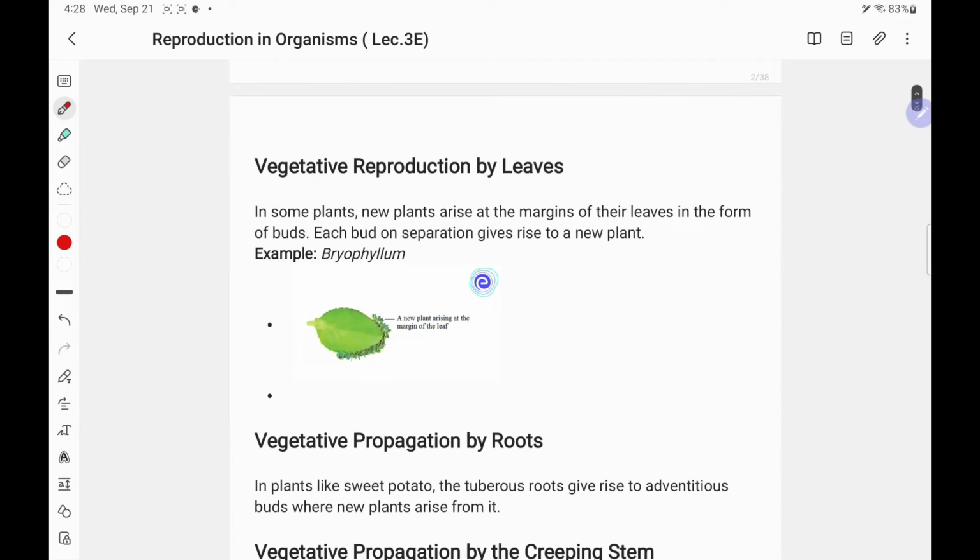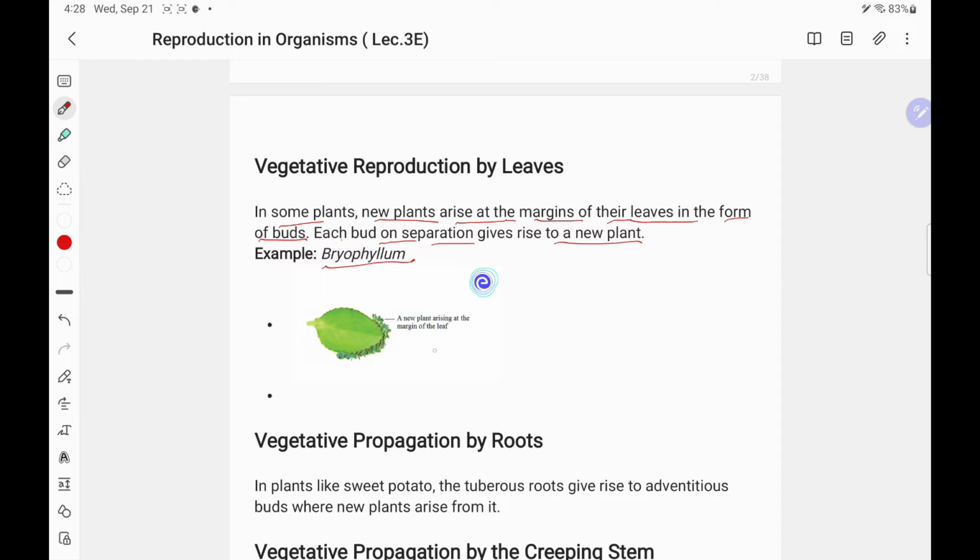Next, vegetative reproduction by leaves. Bryophyllum: in some plants, a new plant arises at the margins of the leaves in the form of buds. Each bud separately gives rise to a new plant.